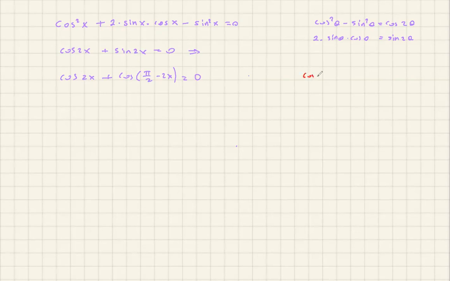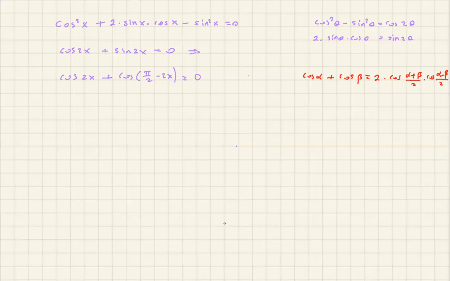If I have cosine alpha plus cosine beta, this is equal to 2 times cosine of the sum of the angles, taking the average, times cosine of the difference between those angles, taking the half. This is the sum to product for cosine, when the sign in between is positive, which is what we have.